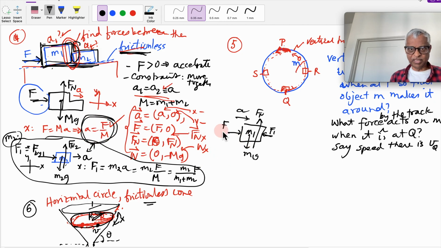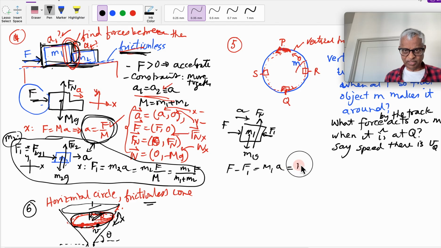So now this will be F minus F1 equals M1a. So M1a is going to be M1 F over M1 plus M2. So we want F1, to check if this is the same as that value.